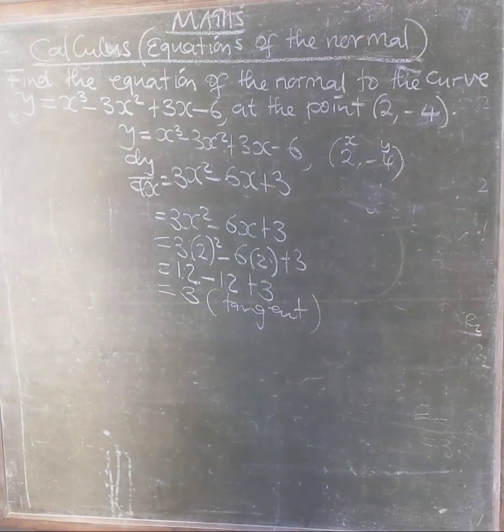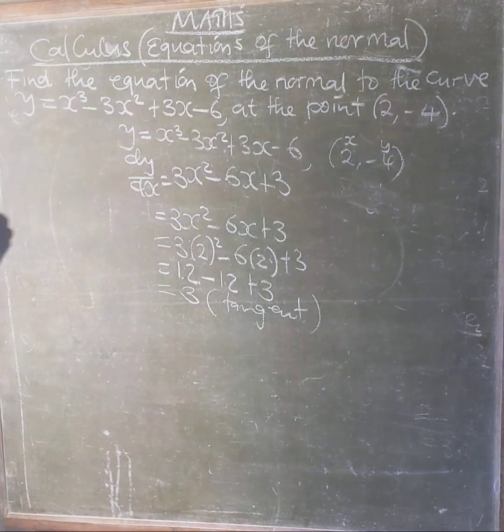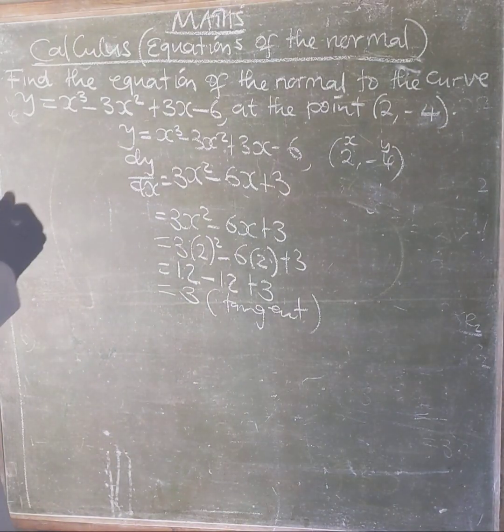So now in this case we can relate this concept to coordinate geometry, where you have the equations of parallel and also perpendicular lines, where we say that the gradients of two parallel lines are equal.